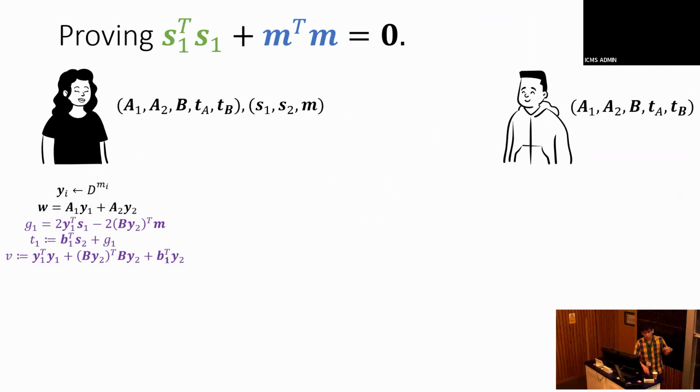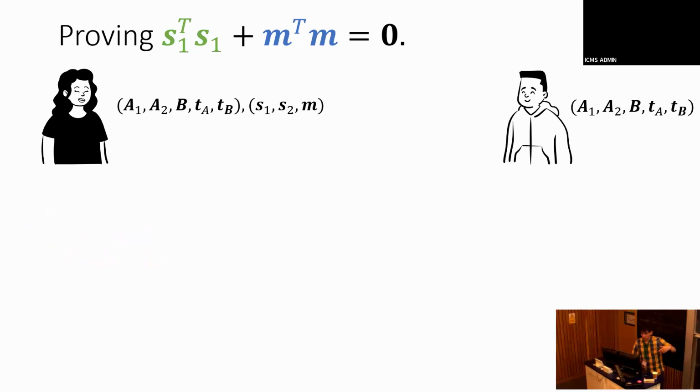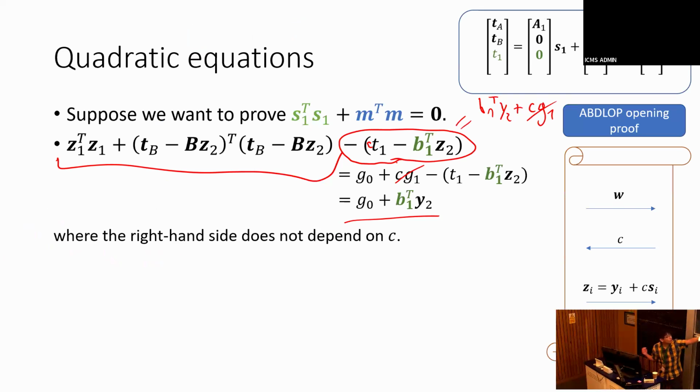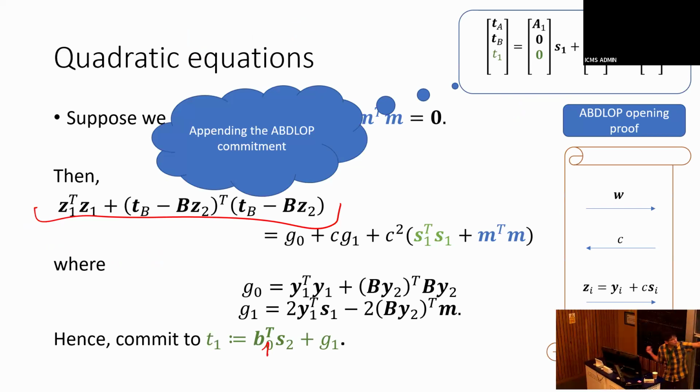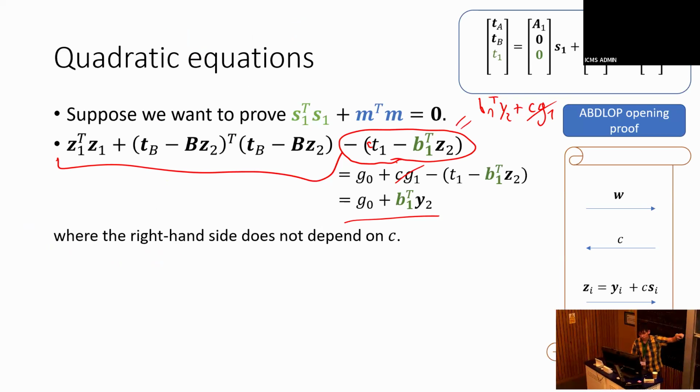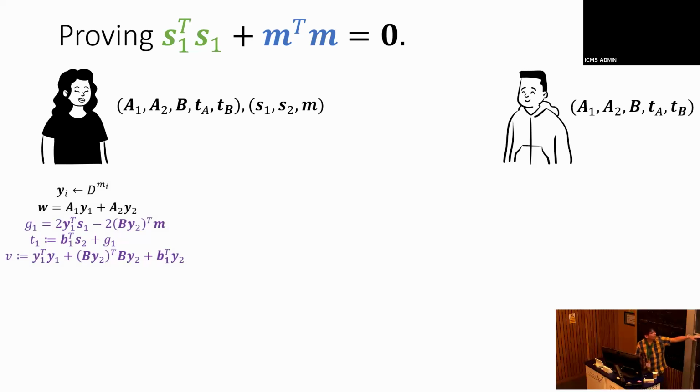I compute G1 and commit to T1. And my V is exactly G0 plus B1 transpose Y2. What was G0? G0 is this term. So G0 plus B1 transpose Y2 is exactly this ugly term.